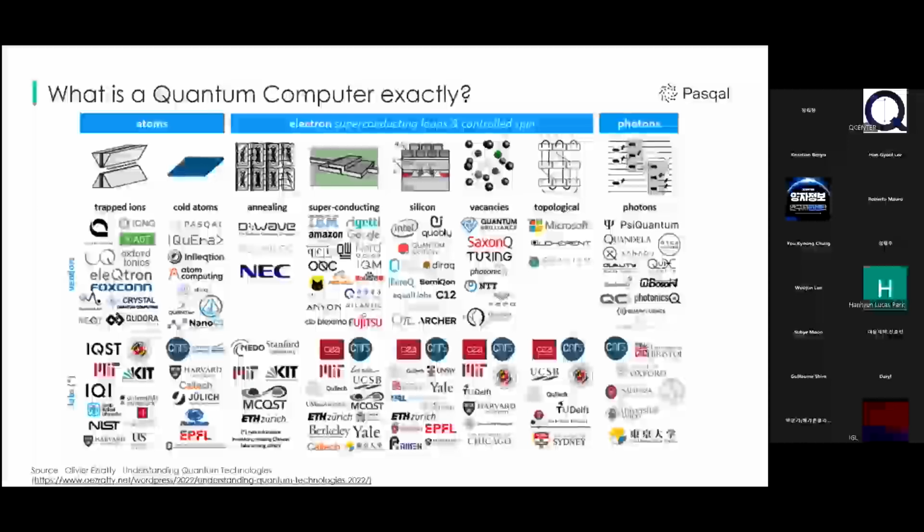And finally, there are photonic type quantum computers, which base themselves on manipulating light particles, so photons, and their various properties. We are going to discuss a little bit more about the key features of these technologies.